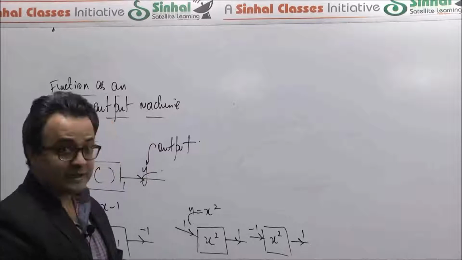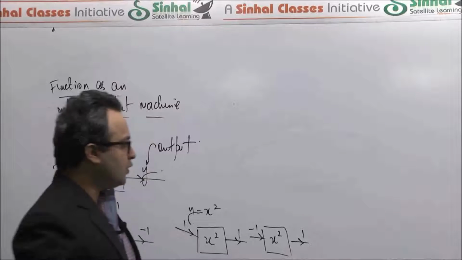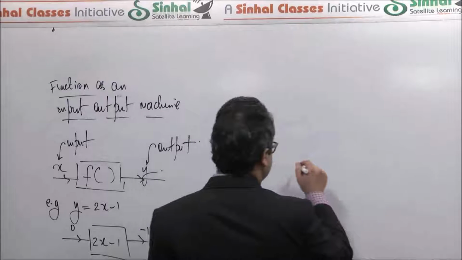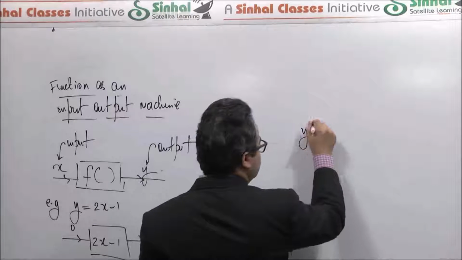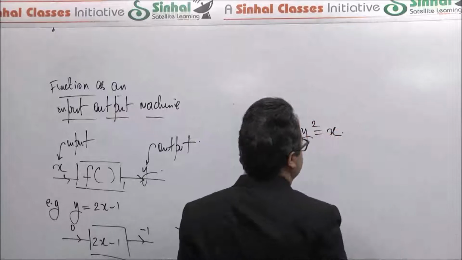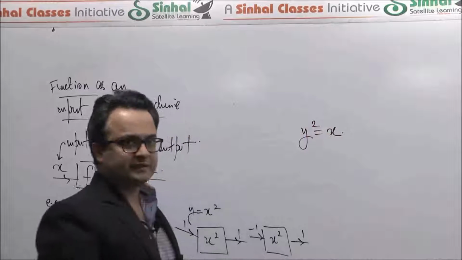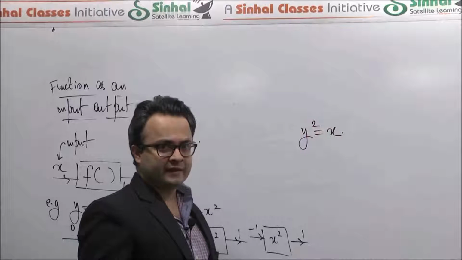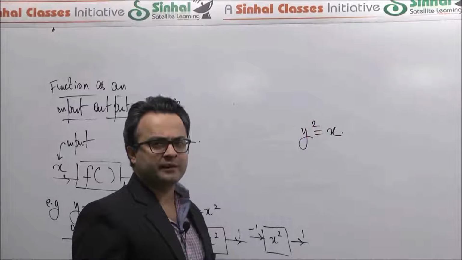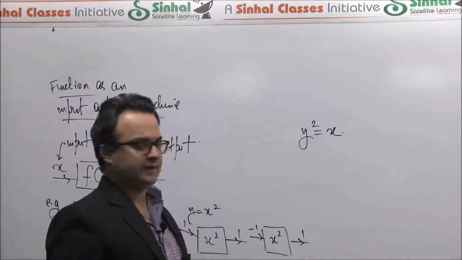An example of a relation between y and x which does not constitute a function would be something like this. Suppose I consider y squared equal to x, where again x denotes the independent variable and y denotes the dependent variable.